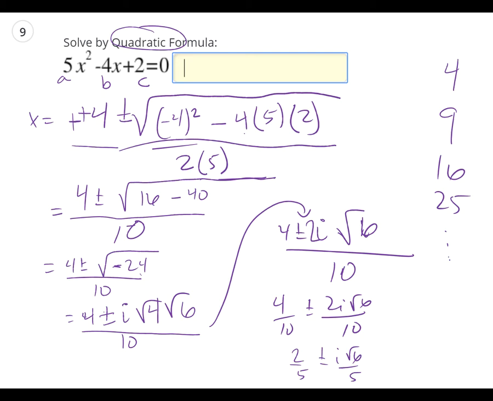Could I rewrite it as one denominator of 5? Yeah, I can do that. What if instead of a 24, I had like a 15 there? Do I need to do all this mess? No, you just leave it as i square root of 15.